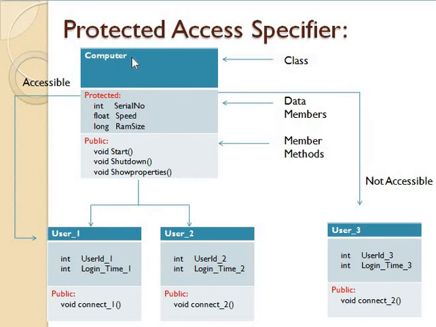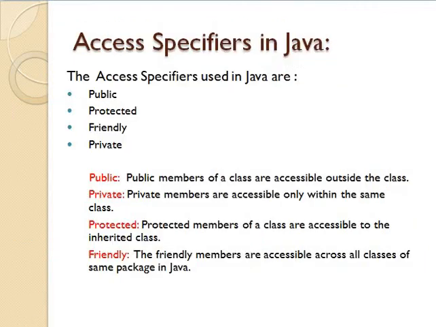Now for the class called computer, look at these data members. These data members are not declared public or private as the access specifier. They are declared protected as the access specifier. As I have already explained, protected members of a class are accessible to the inherited classes only.